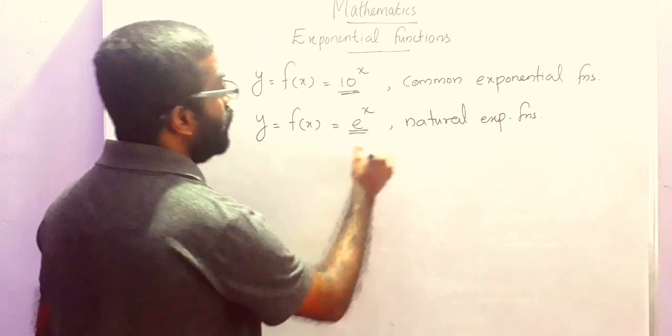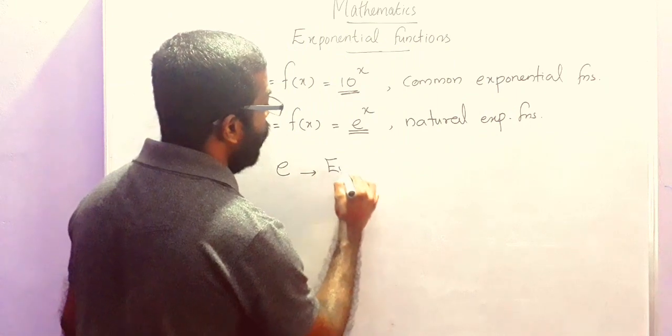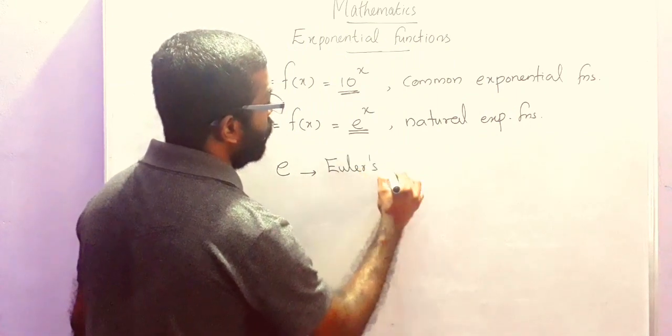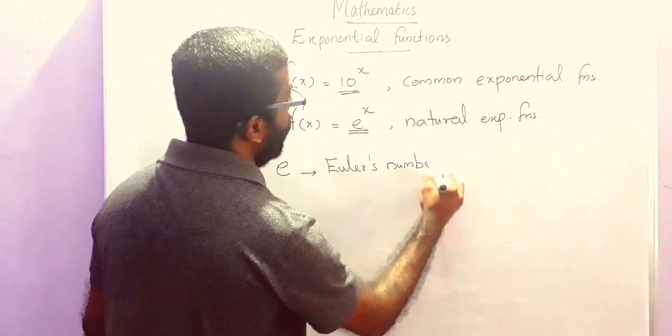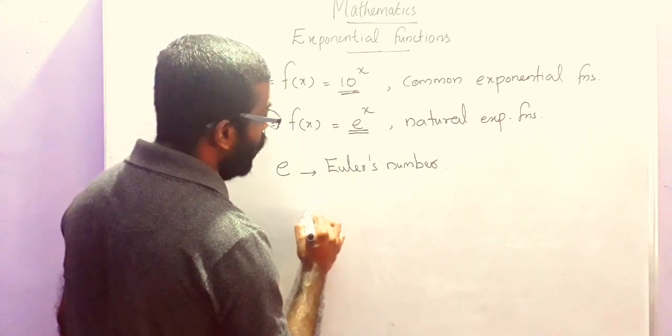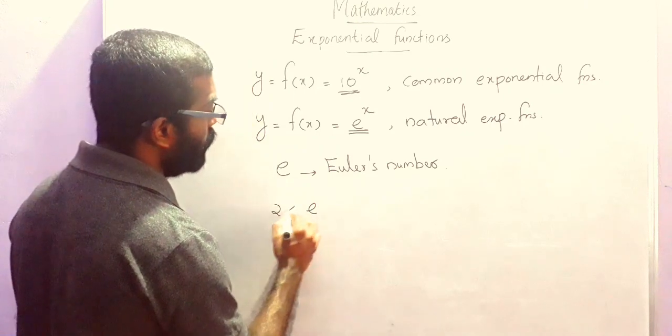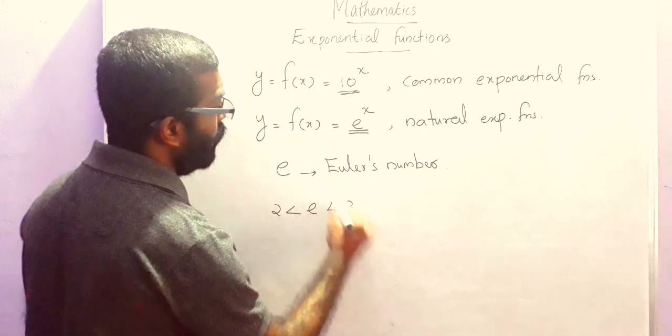Okay. Here the letter e is called Euler's number, and the value of e lies between 2 and 3. That is, 2 is less than e is less than 3.